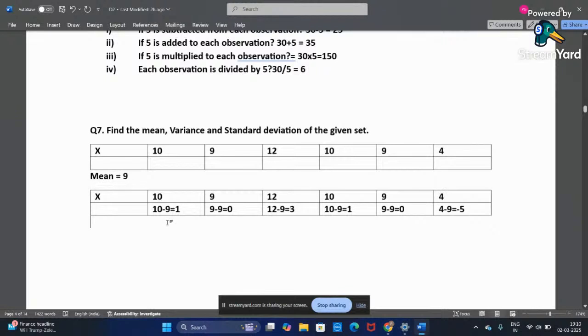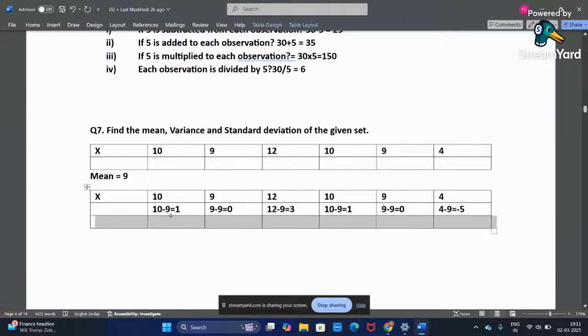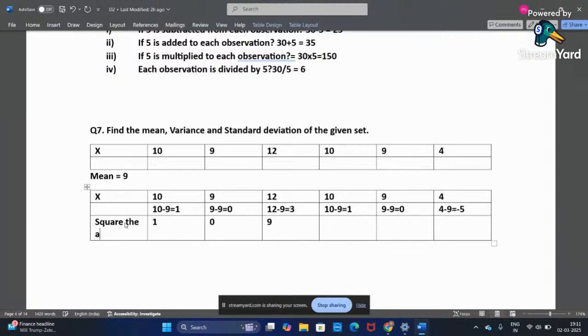1 square we are getting as 1, this 0 will be 0, and 3 square is 9. Let's square the values. Here it is 1 and here it is 0.